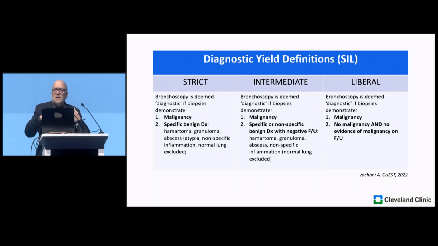Diagnostic yield is defined in many different ways, and it's been problematic in the literature. There are very strict diagnostic yield definitions, which I think we now, thankfully, use. But there are studies out there that use very liberal definitions of diagnostic yield as well. We'll talk about this more tomorrow in a talk that I have on diagnostic yield. But again, these could be very, very different.